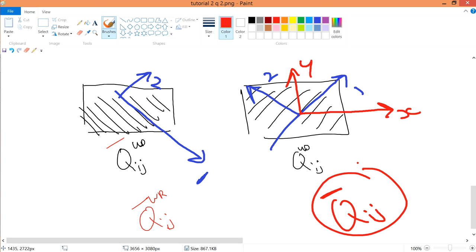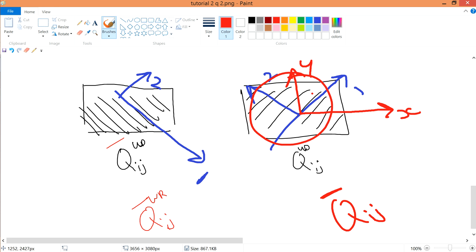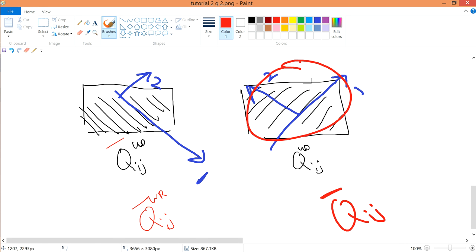So Qij bar is talking about when you apply x and y forces on your 1-2 directional arrangement, in this 1-2 direction or in this 1-2 direction. We are looking at the x and y forces, or x and y stiffness. When you apply xy forces, what is the stiffness of this configuration? This is what it's trying to say.